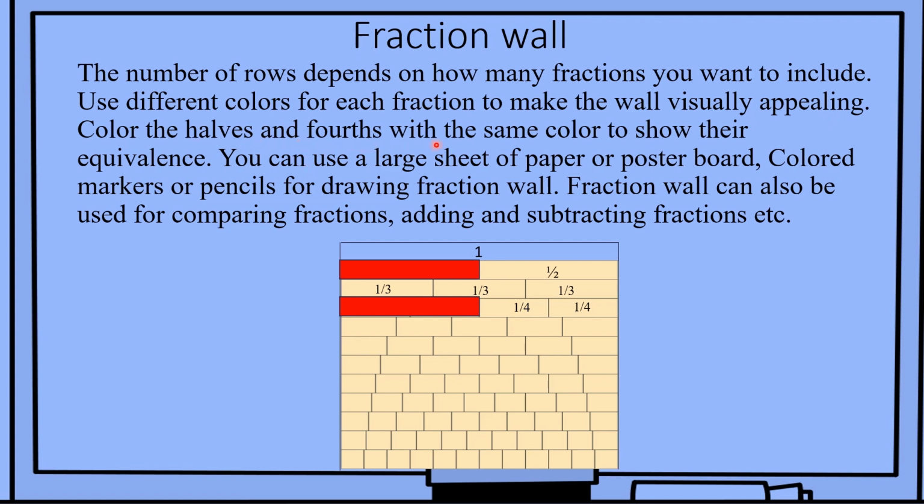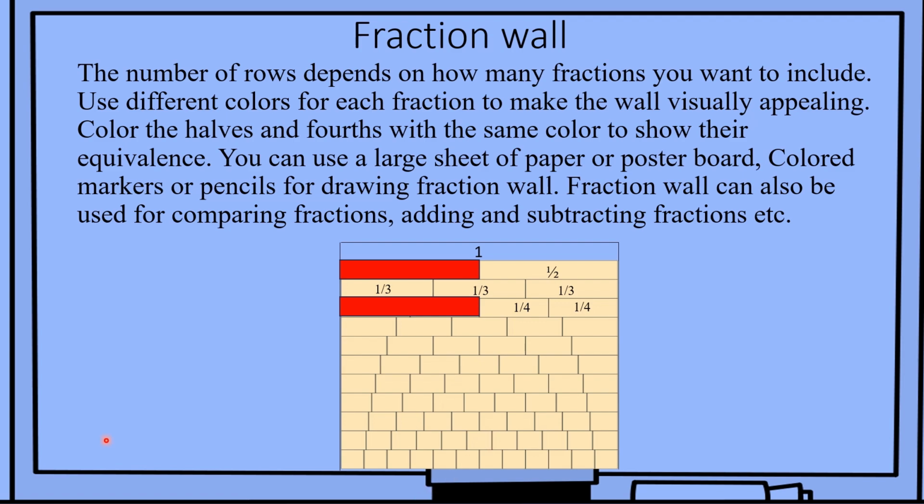Color the halves and fourths with the same color to show their equivalence. Here 1 by 2 is the same as 2 by 4. You can also use a large sheet of paper or poster board, colored markers or pencils for drawing the fraction wall. The fraction wall can also be used for comparing fractions, adding and subtracting fractions, etc., which we will be doing later. So that's all in this video today.